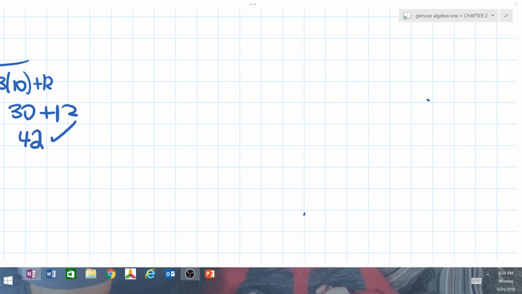Example number 2. Example 2 is going to be using grouping symbols. So let's see what happens when we use some grouping symbols.